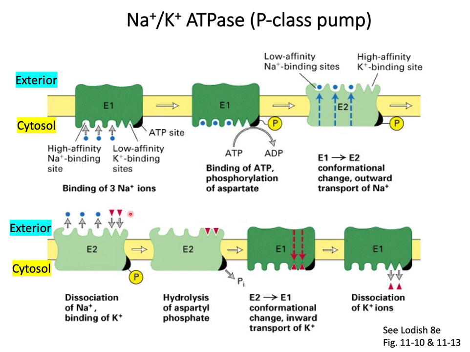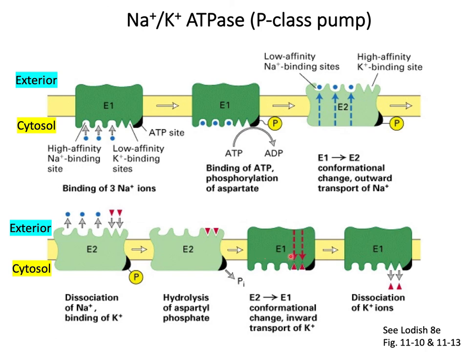And when this happens, there is a hydrolysis event, and the aspartate becomes dephosphorylated, and you can see that the conformation changes back to its E1 conformation. So again, dephosphorylation of the aspartate changes the conformation to the E1 conformation. At this point, what happens?